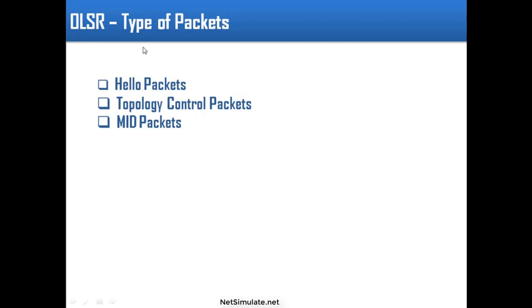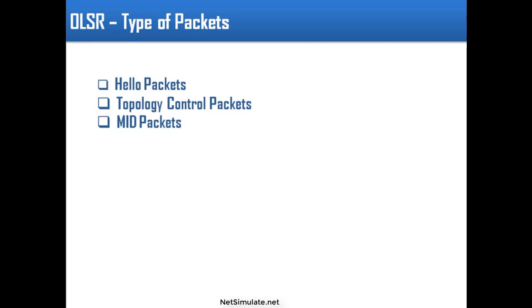So for those purposes, hello packets are used. Topology control packets, these packets are used to tell another node what are the MPR of the particular node. And MID packet, these packets are used to inform about multiple interfaces.